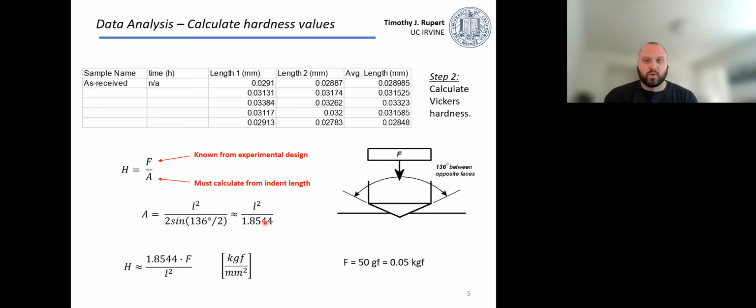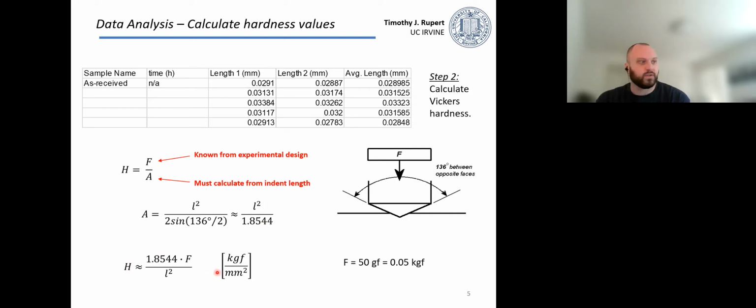In any case, we can then say that our hardness is 1.8544 times the force applied divided by the diagonal length squared. Now, the one thing we have to do is check what the usual units of Vickers hardness are.